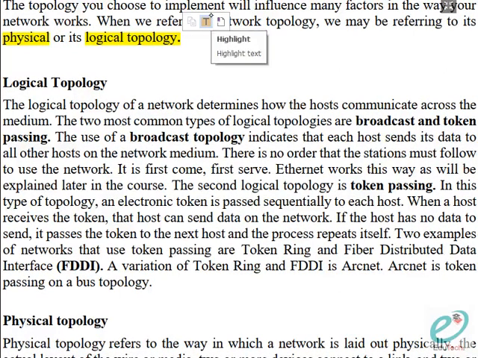Now, in logical network topology, you only define how those networked elements will communicate with one another. That is what is being defined. It can be a computer, a switch, or a router.